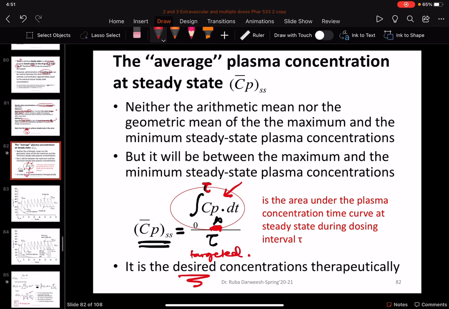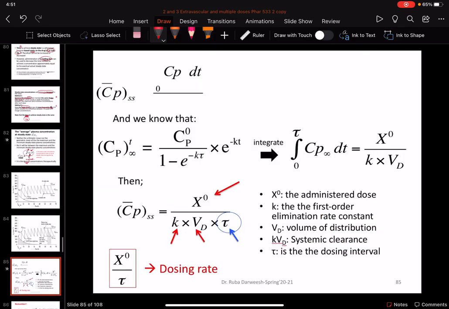And when we go under the integration for the steady state average concentration, we can find that it's equal to dose over K multiplied by VD, multiplied by the tau, and this alone is called the dosing interval. We know that the average steady state concentration depends on the administered dose, elimination rate constant, volume of distribution, or total or systemic clearance, and dosing interval.